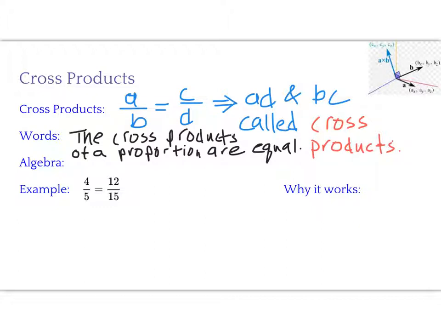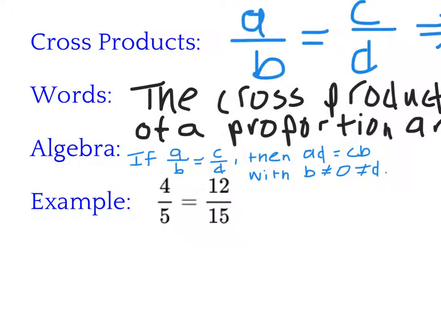The algebra of it: if a over b equals c over d, then the cross products AD and BC are equal to each other. And of course, since b and d are in the denominator, they can't equal 0.